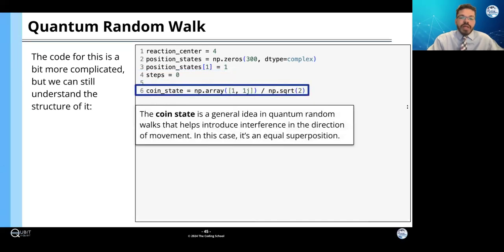And now this coin state is this general idea. What this means is that we put everything into a superposition of moving left and right. And so that's a way of capturing the randomness of moving left or right.